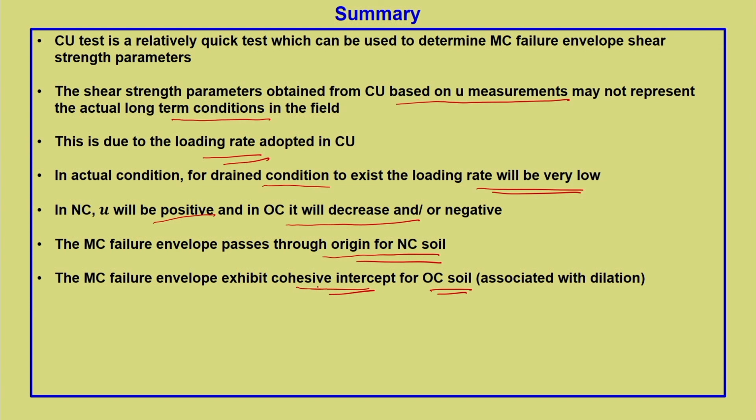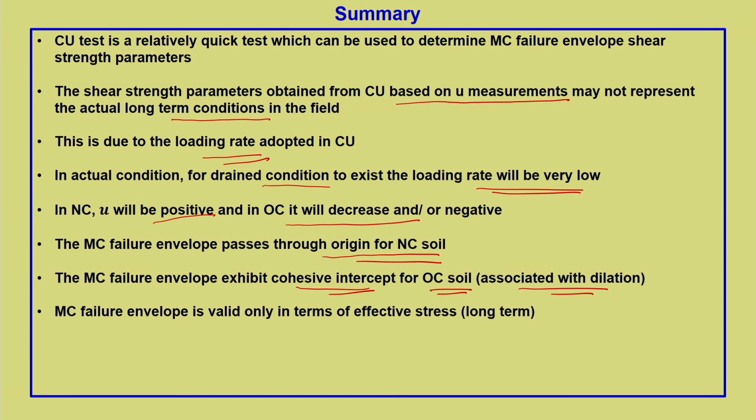Please note that I have used the term cohesive intercept. This does not mean that it is true cementation. It is a value which you obtain because of the OC condition, and this is associated with dilation.